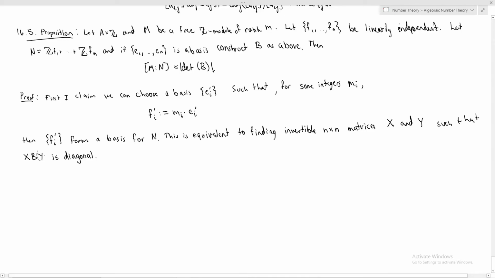So Y takes the basis here, E1 prime through En prime. It's going to be Y inverse, sorry. Yeah, this is kind of confusing to me if you can't tell.